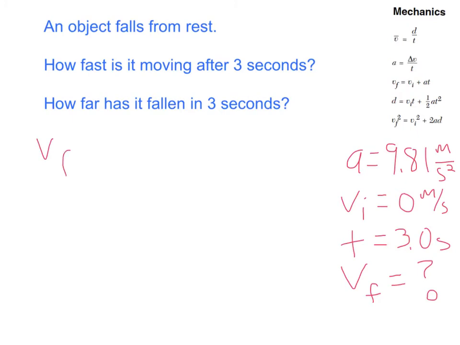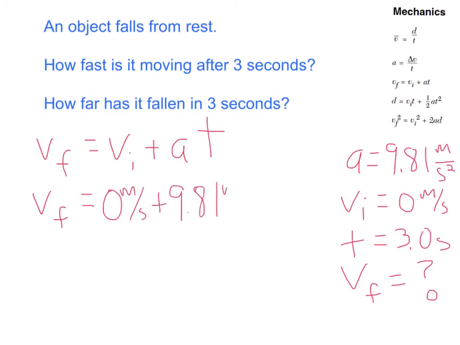So v final equals v initial plus acceleration times time. So v final will equal 0 meters per second plus 9.81 meters per second squared times 3 seconds.